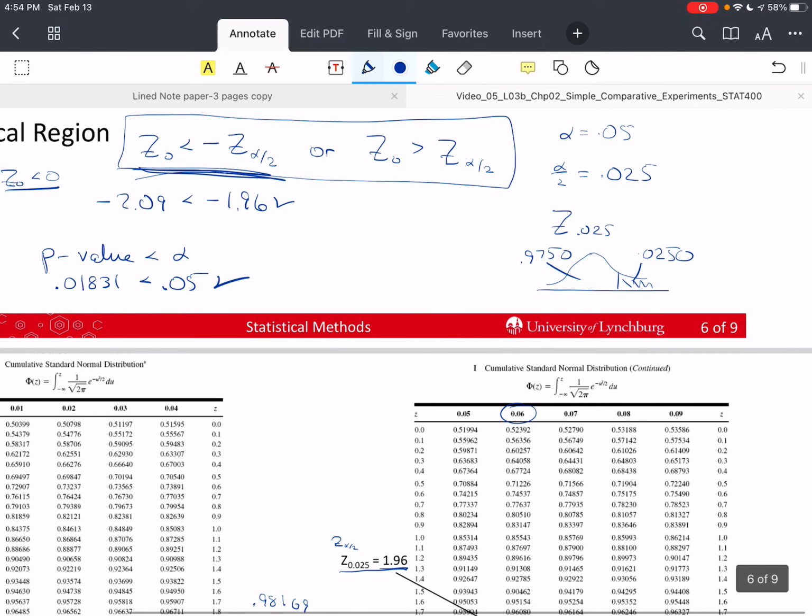That is true. So if you're going to reject with the critical value method, you will also reject with the p-value method. They are equivalent. You never get different decisions using different ones. You always get the same decision regardless of which method you use, as long as you don't make a mistake. Okay? So I want to point that out.